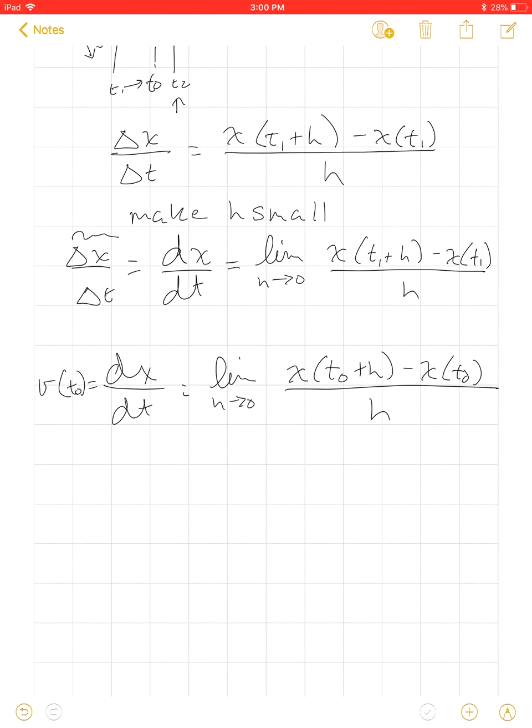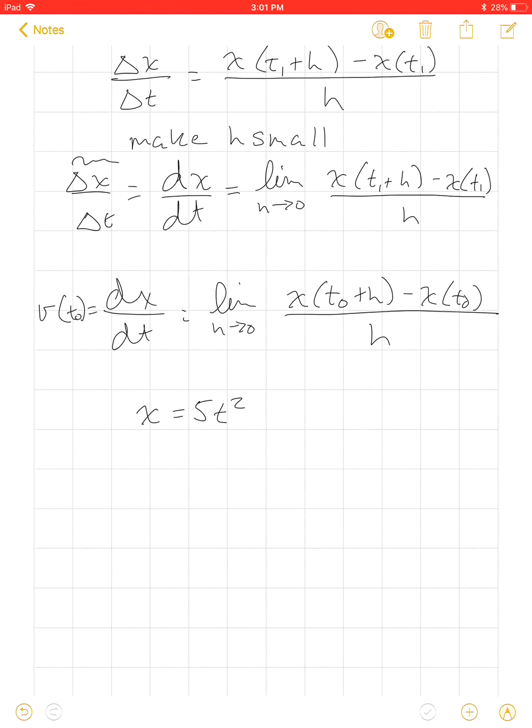So I'm going to kind of give you an example of a problem. So let's imagine that our equation for our position, so x, that's our equation for our position, is going to be equal to 5t squared, okay? So let's plug that in.